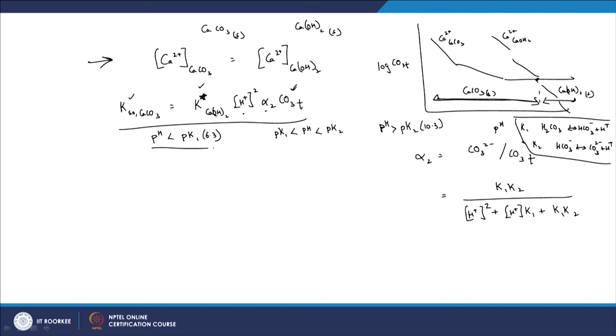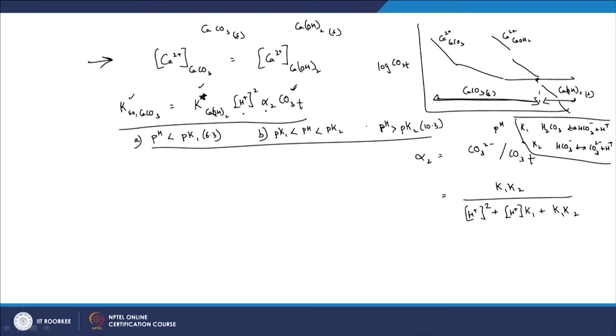For these 3 cases we are going to work out the relevant equation, and you will see how it makes sense with respect to understanding the predominance area diagram. So let us go through that. The first case is when pH is less than pKa1.